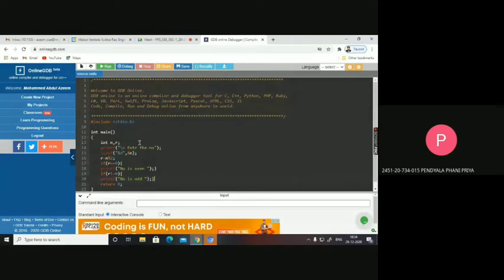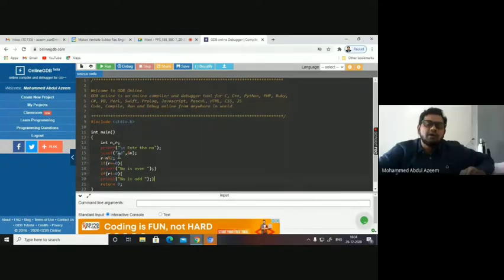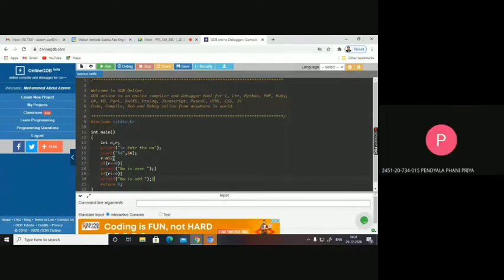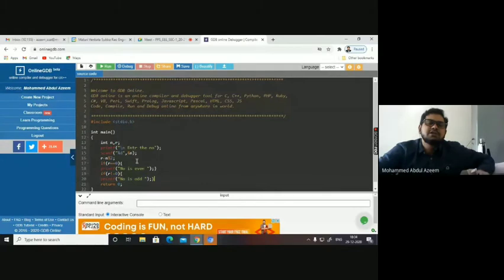Acha, you want to add exceptions? The logic behind it is divide the number by 2, and if the remainder is 0, it is even. If the remainder is 1, it is odd. This is the logic.